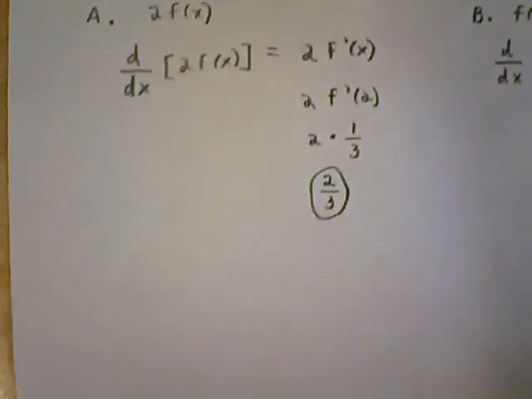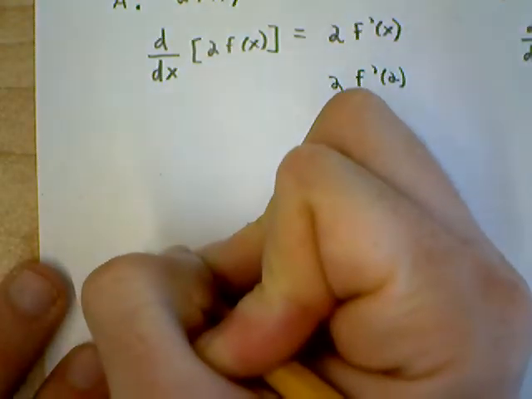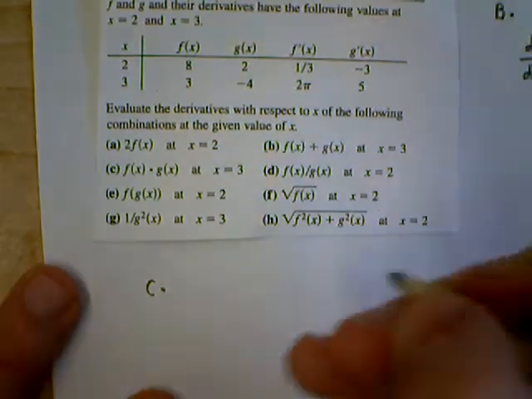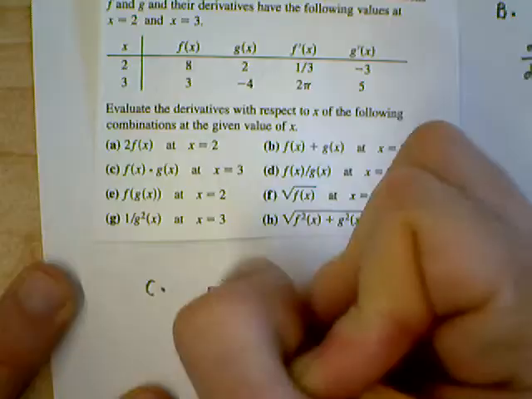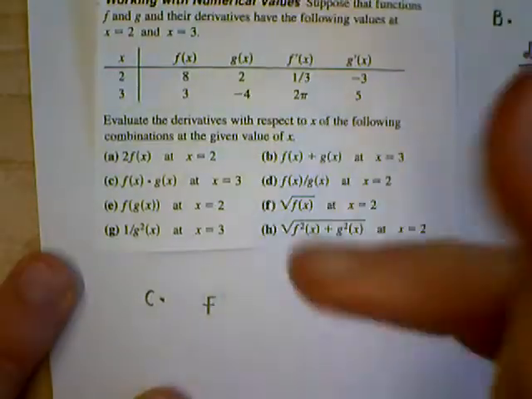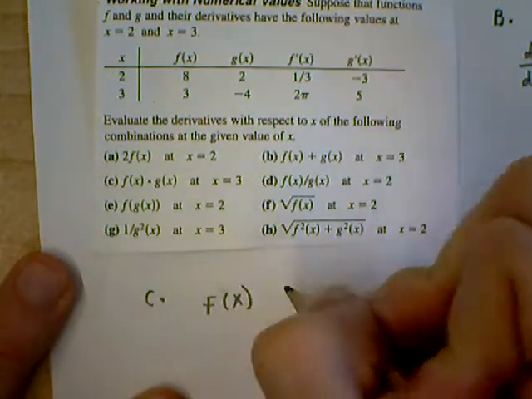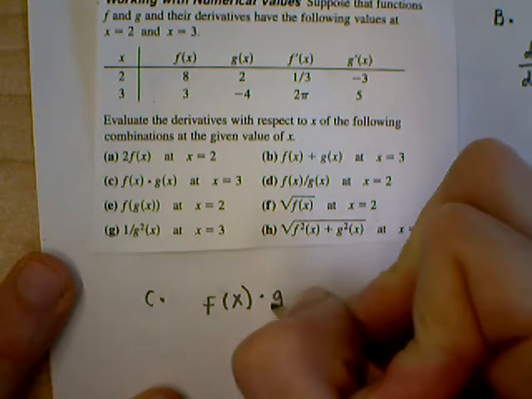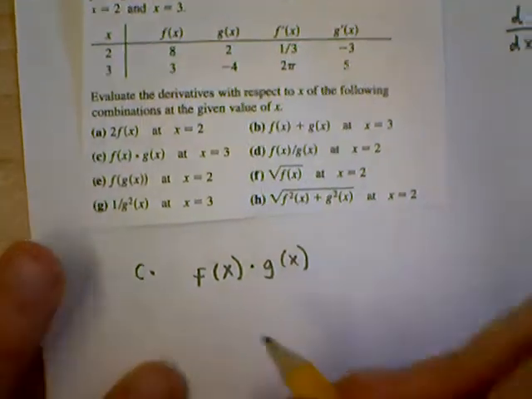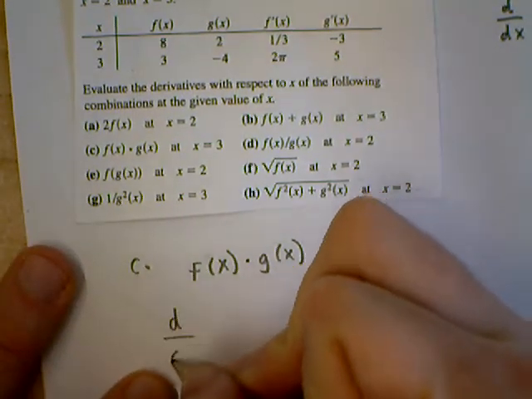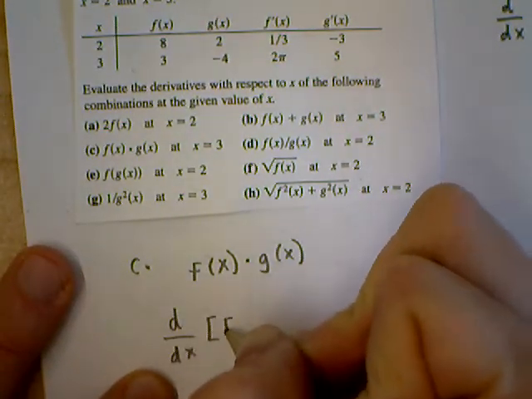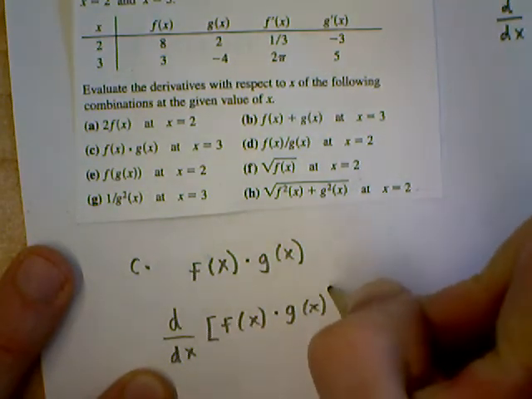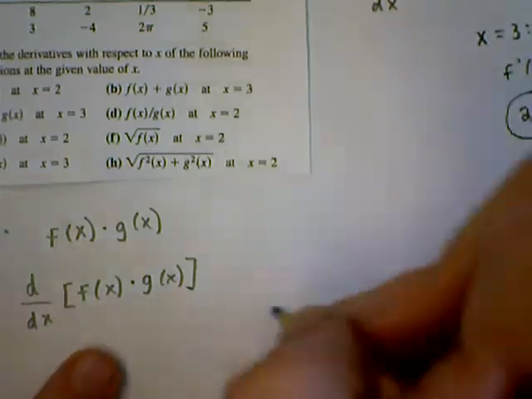All right, let's go ahead and do letter C. Letter C says f of x times g of x. When I take the derivative here, I have to use the product rule because I'm taking the derivative of a product.